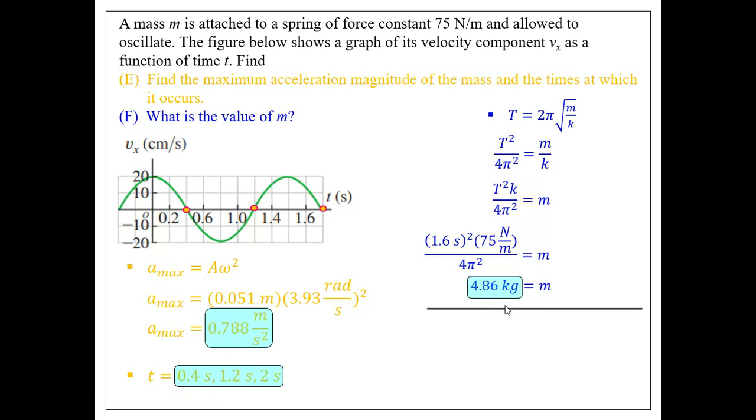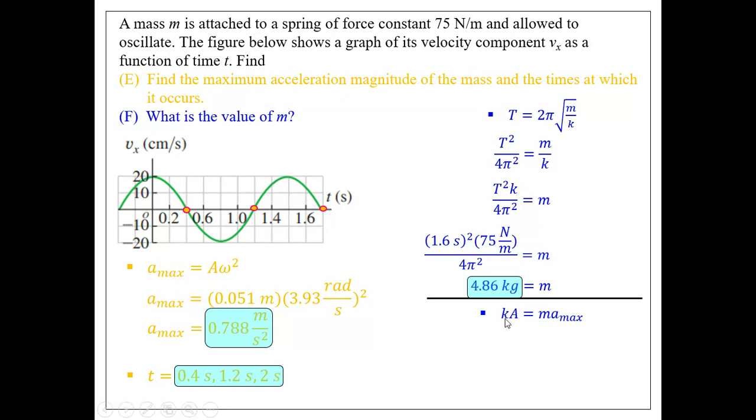Now, it all depends on how you see these particular harmonics problems and what information you can pull out quickly. The other way you can do it is to set up Hooke's law equal to net force. I'm just going to leave out the negative sign because I'm just trying to find the value of m, which is a scalar anyway, so the negative sign doesn't really matter.